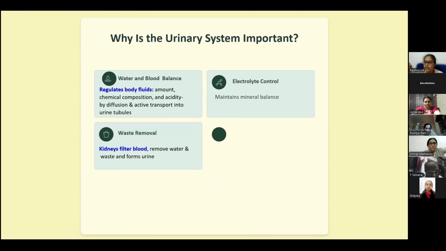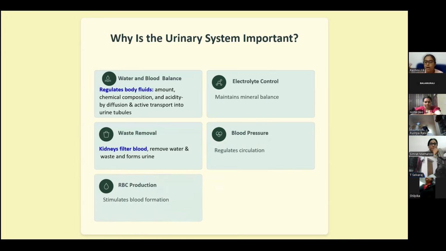Not necessarily only the waste or toxic substances are removed. Even if micronutrients or macronutrients are in excess, they are also removed through the urine. Then it will control the blood pressure. RBC production is also maintained because of this. Then vitamin D activation, because calcium absorption is done due to the urinary system functioning.